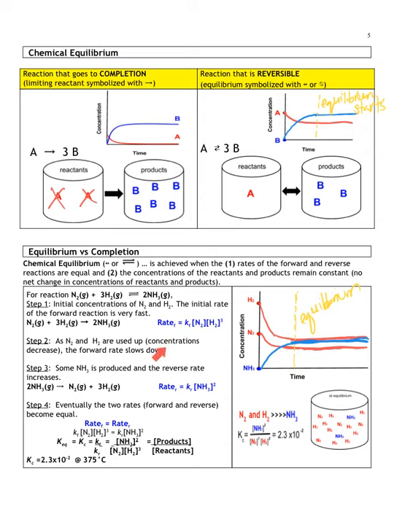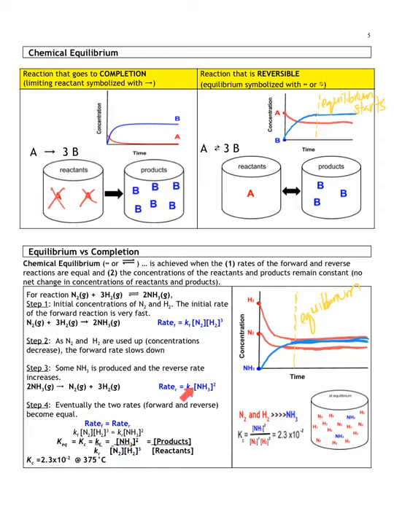Now, when you look at the rates of the forward and the reverse, F stands for forward, R stands for reverse, and you set them equal to each other, like you see me doing here. You then set their concentrations also equal. You create eventually this product over reactant ratio where all the products are raised to their stoichiometric coefficient.